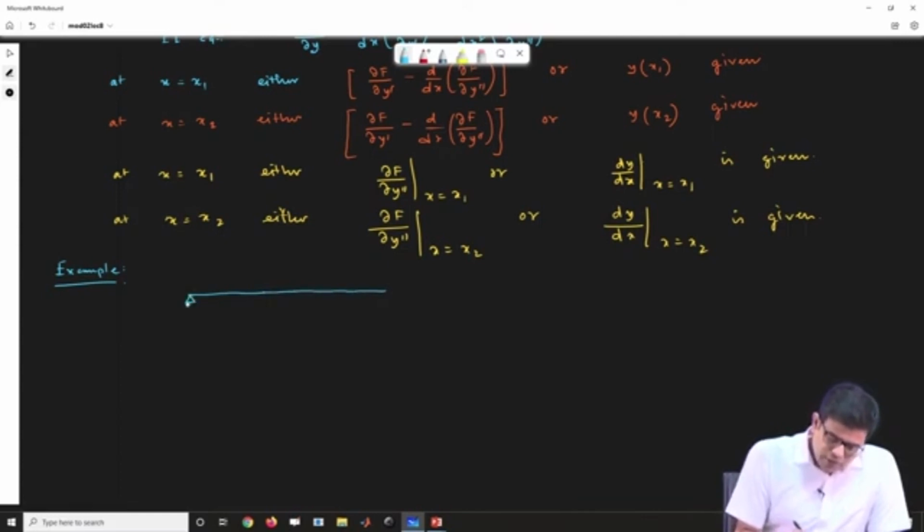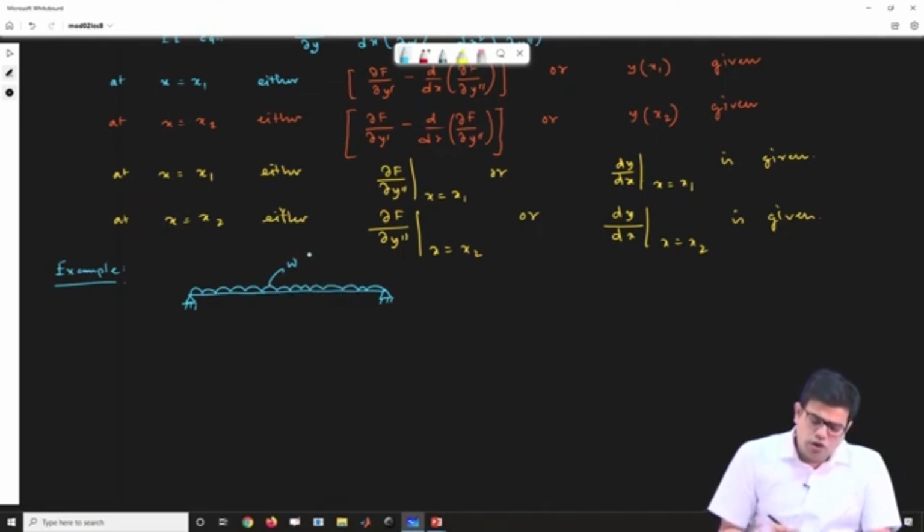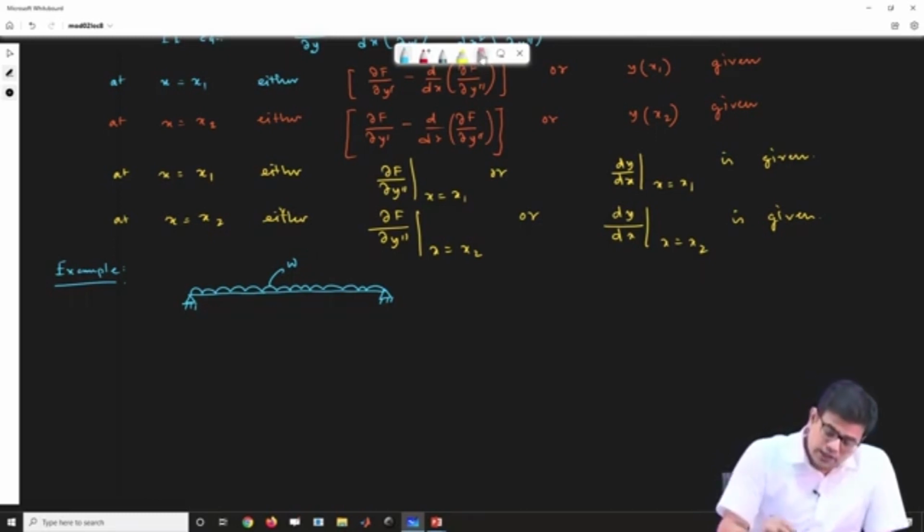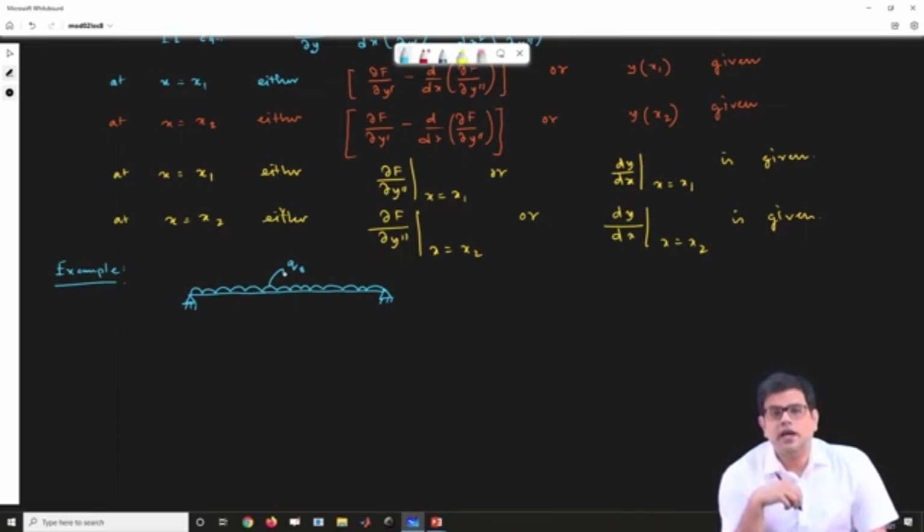This beam could be a simply supported beam. Let us take a simply supported beam. Suppose there is a UDL, let us call it q0, the load. Now, here we all know what the boundary conditions are.